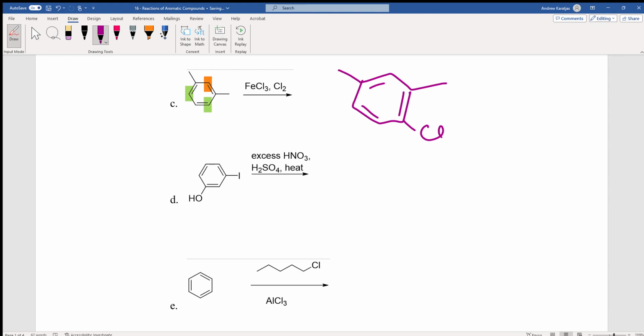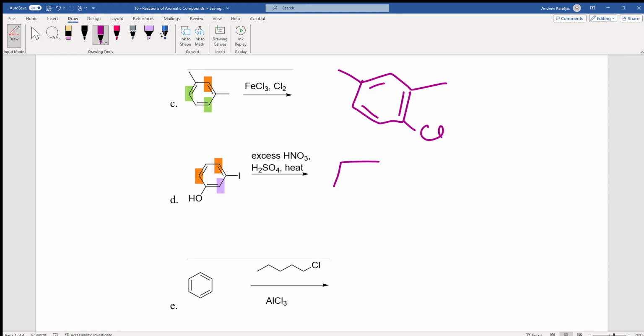Same thing is true in part D. We have a pair of ortho-para directors, and so we're very, very likely to see both of these positions get substituted, but the position that's between the two groups, definitely less likely.